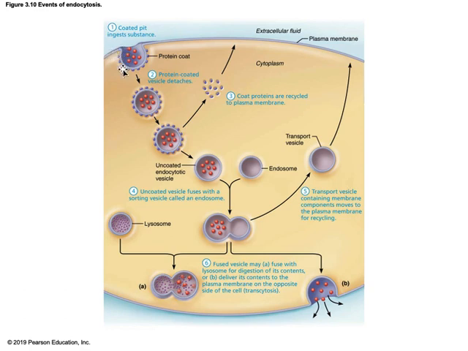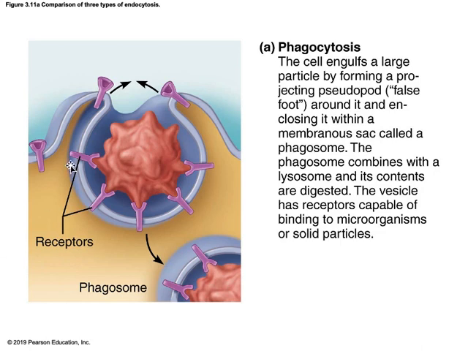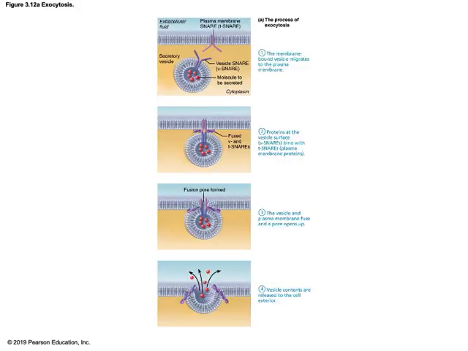If you look closely, you can see it's the same bilipid membrane that made up the plasma membrane. We don't really draw it very well in these pictures usually, but you should remember that it is a bilipid membrane. This is phagocytosis, where you have a pathogen and you're taking it into the body. We'll talk about that more down the line.